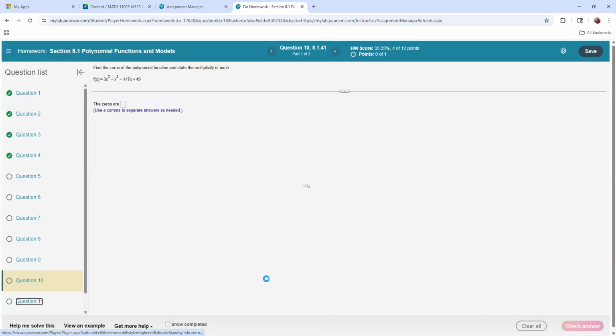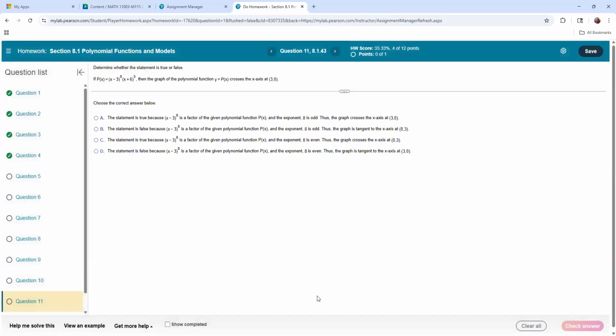All right, also let me get to 11 here. So let me see if this is true or false, y'all. If your P of x equals x minus 3 to the 8th times x plus 6 to the 5th, then the graph y equals p of x crosses the x-axis at 3, 0. Is that first true or false? So false, Jesselyn? Yeah, because if I get 3, 0, it's coming from the x minus 3 factor.